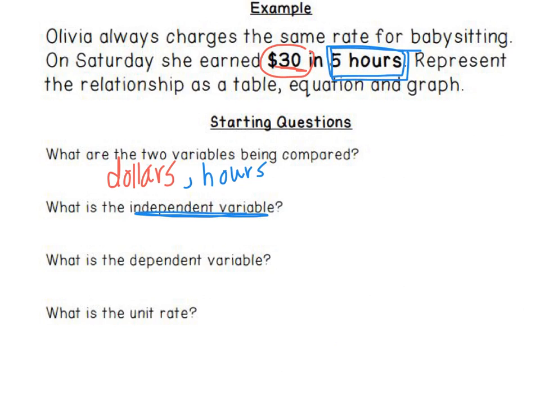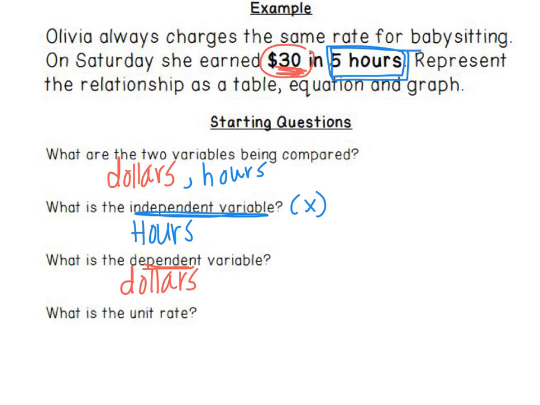Can she control how much money she makes? No, but she can control how many hours she works. So this is going to be my x variable. The dependent variable is money, or the dollars. The dollars she makes depends on how many hours she works.